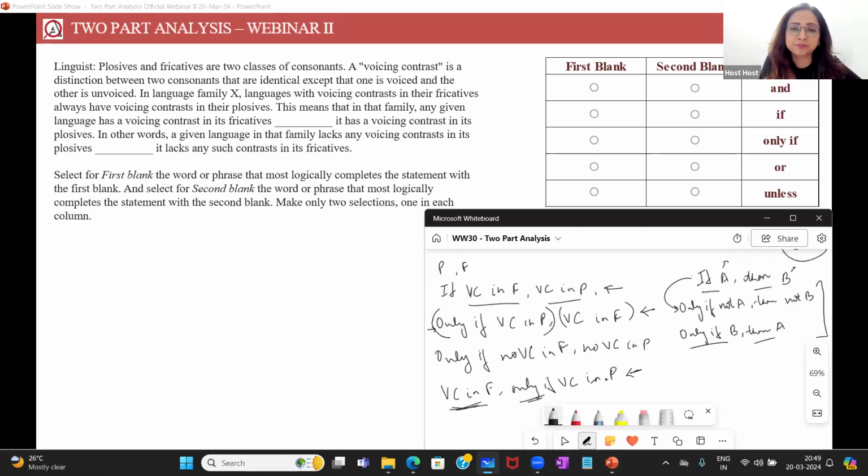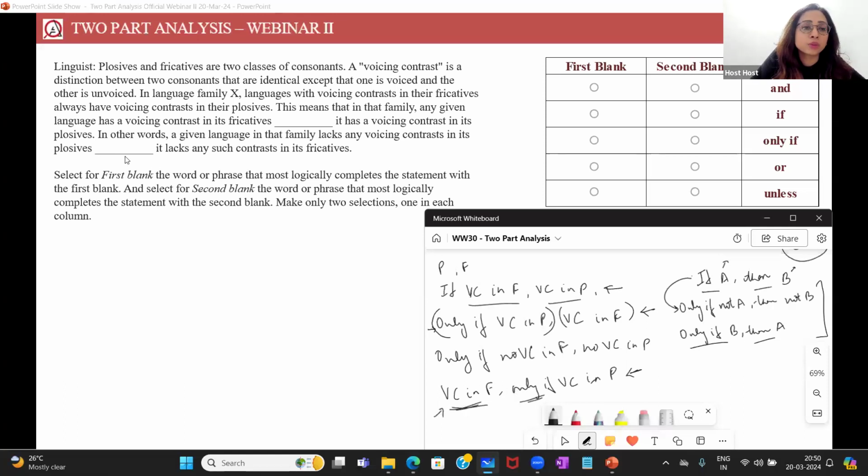That is our relation, right? So then what should we put over here? We should put only if over here. Again, read it. Any given language has a VC in F only if it has a VC in P. Make sense? It's exactly this structure, right? It is an only if statement.